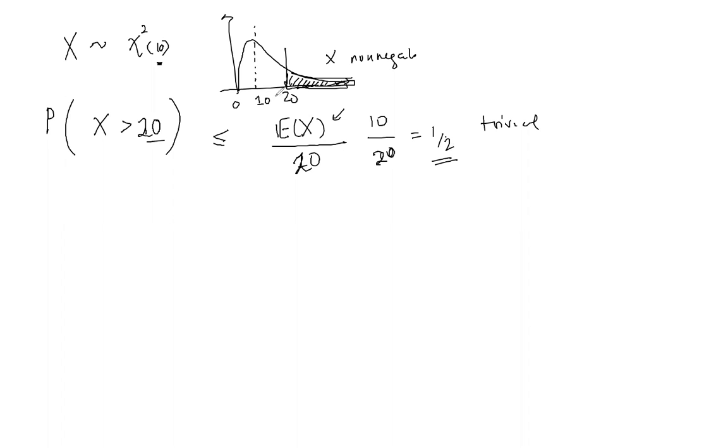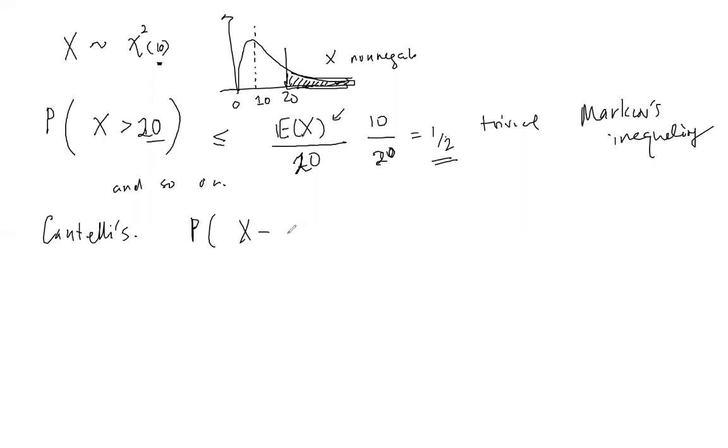Okay, and so on. Okay. Now, this is based on Markov's inequality. Right. So how about Cantelli's? So Cantelli's inequality says the following. So P of x minus mu. Okay, just to recap, right?